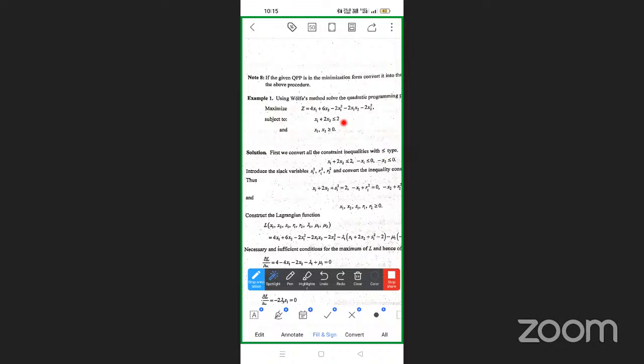The first equation is x1 plus 2x2 less than or equal to 2, so we can add a slack variable: x1 plus 2x2 plus s1 square equals 2. Here we are adding s1 square. In the Wolfe method we add square variables only: s1 square in constraints, and for the non-negative constraints we can add r1 square, r2 square, like this.